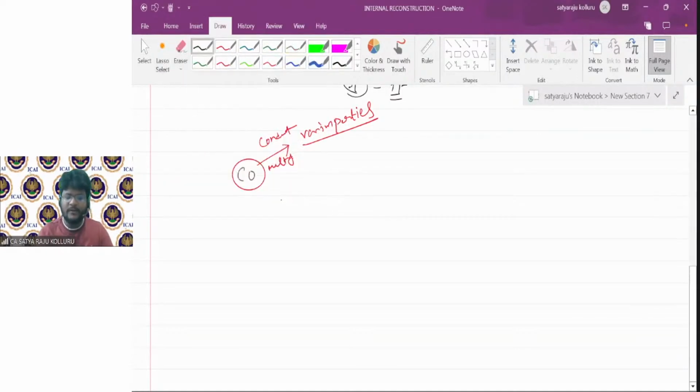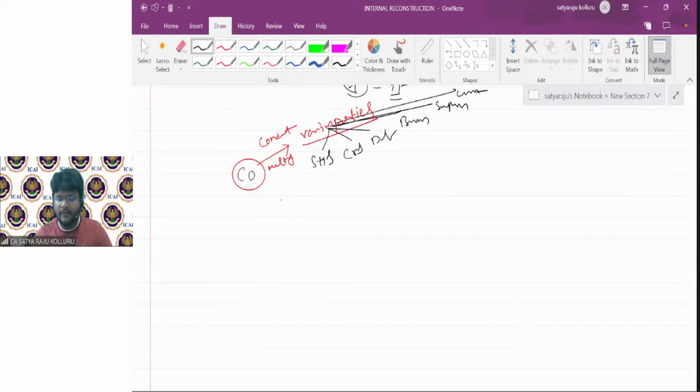They may conduct meetings with shareholders, creditors, debenture holders, bankers, suppliers, customers, everything, because our business organization is completely dependent upon all these parties.